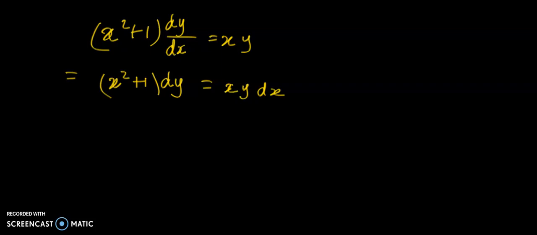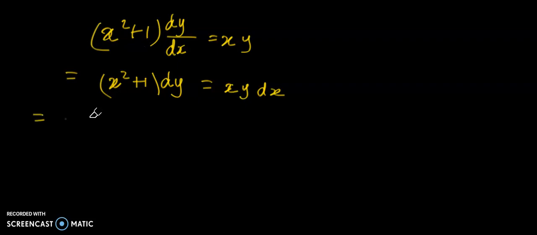Now for this differential equation, we might need to divide both sides by x squared plus 1 and also divide both sides by y, in order to get x and y separately.